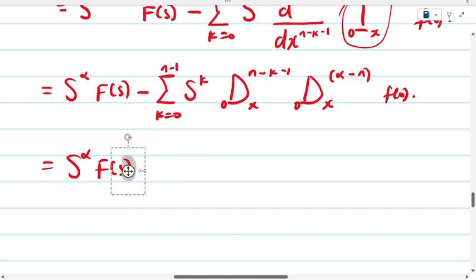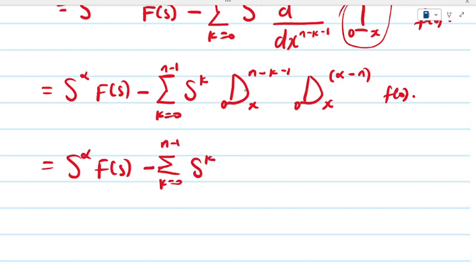So I can combine these two together and add up the power: the derivative from 0 to x of order n minus k minus 1 plus alpha minus n, of f of 0.